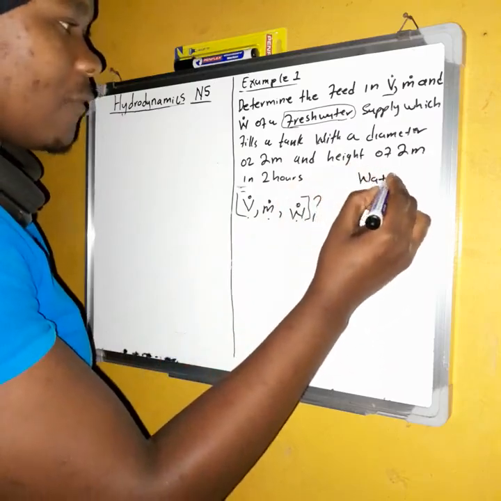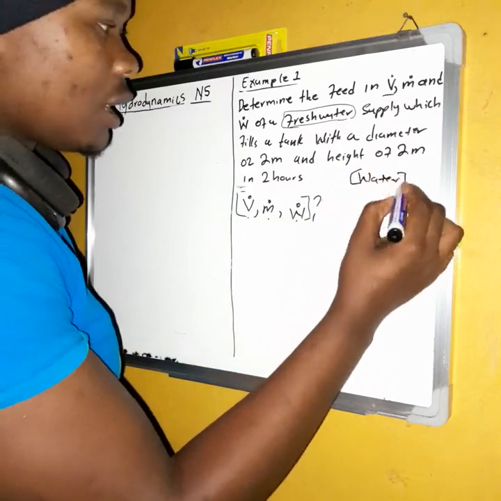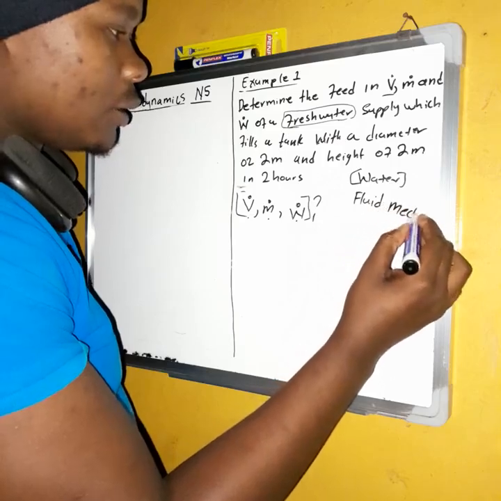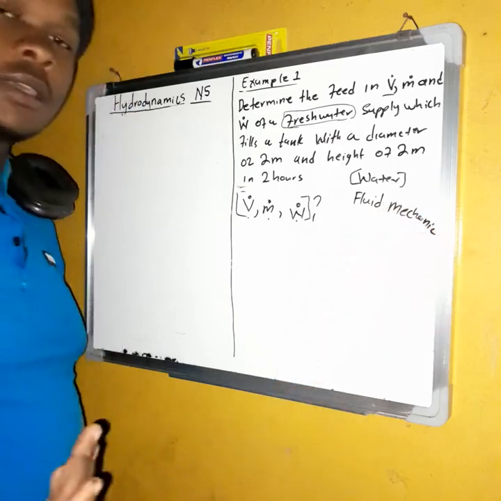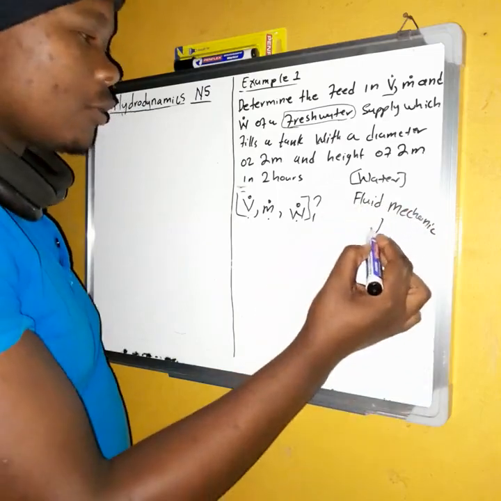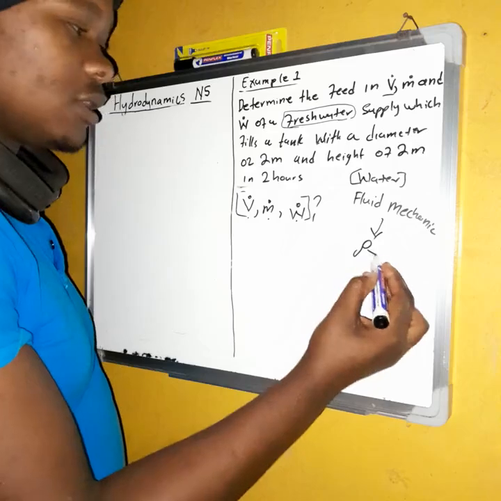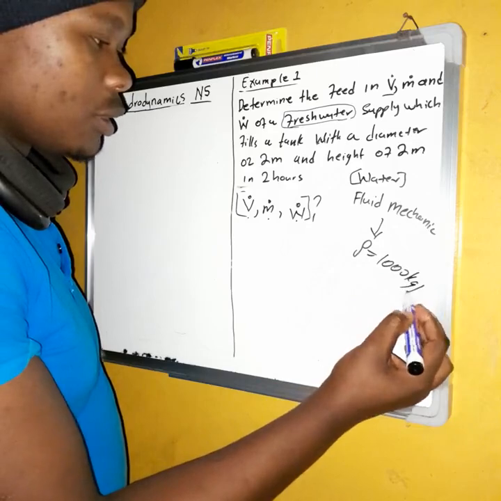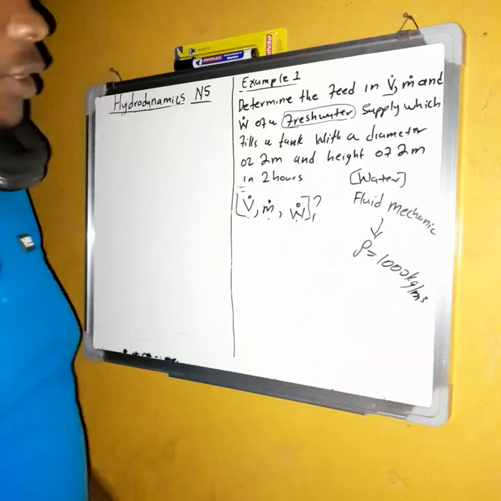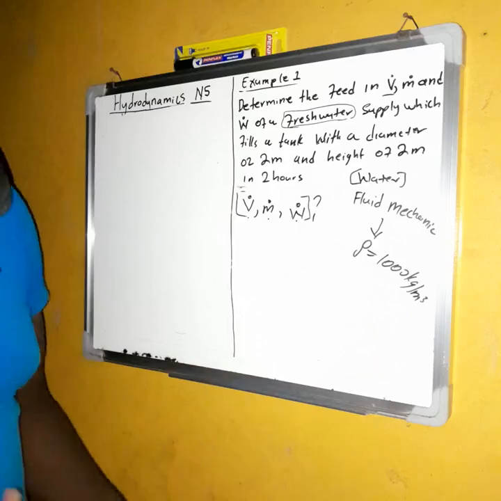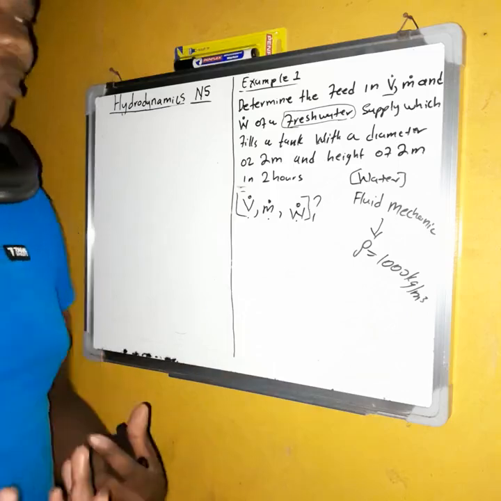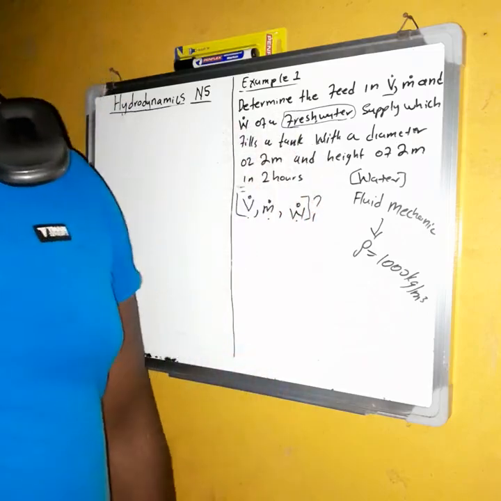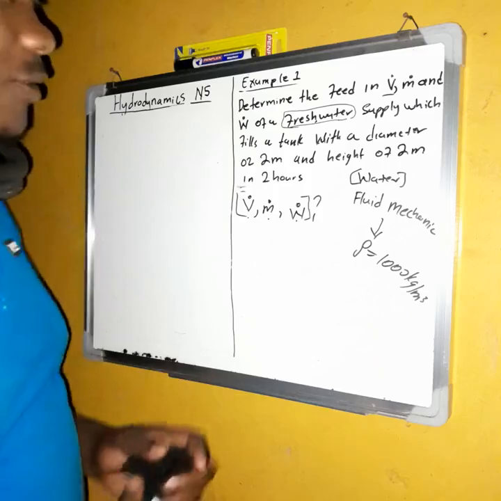Under fluid mechanics, you must know the density, which is 1000 kg per cubic meter. They won't tell you the density of water is 1000. You must know this by heart. So when you see a flow and it's water, just know the density is 1000.